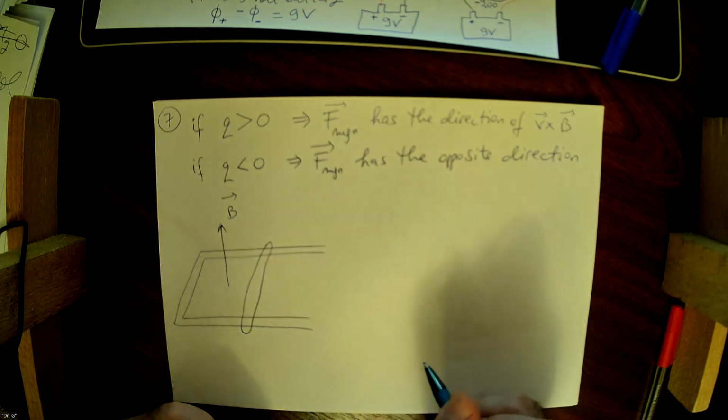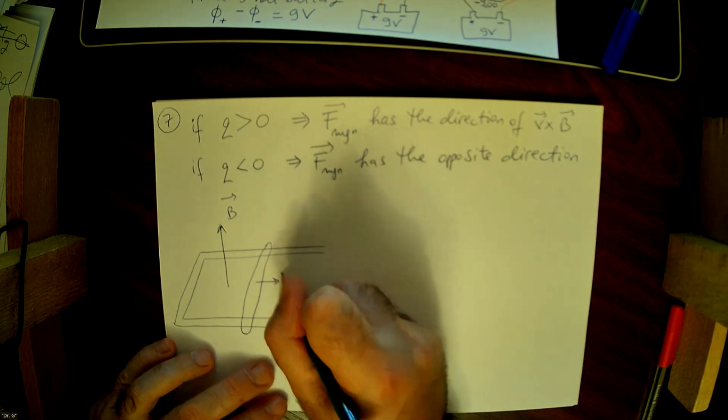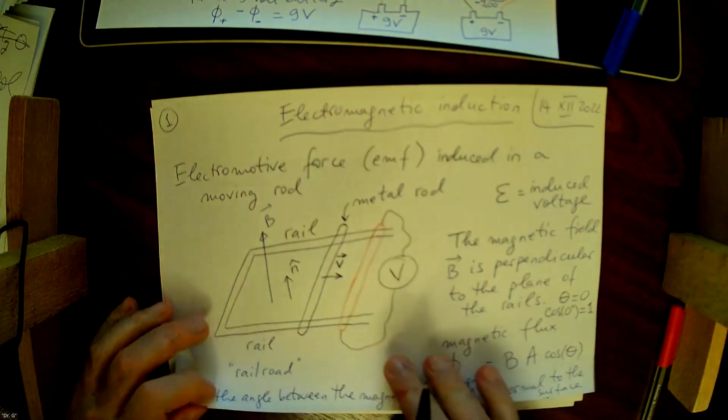We have the rod that moves with velocity v. That's a vector, the velocity.